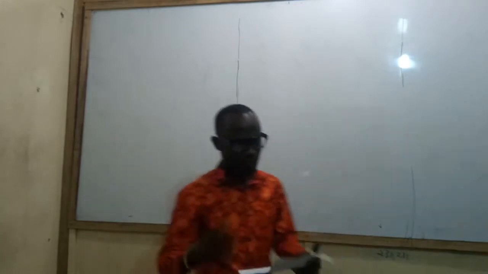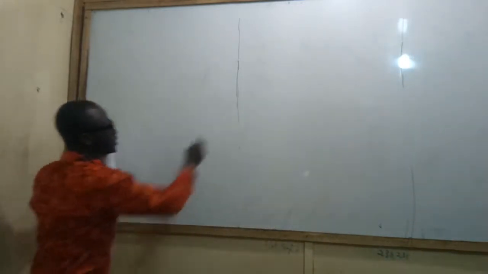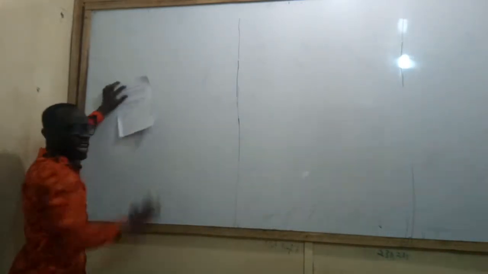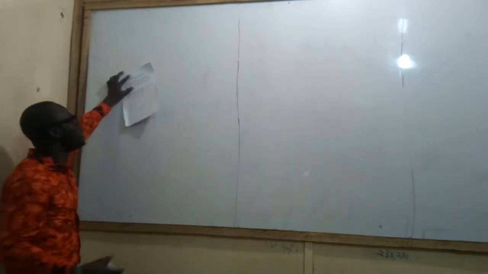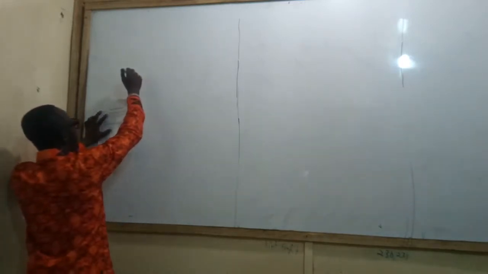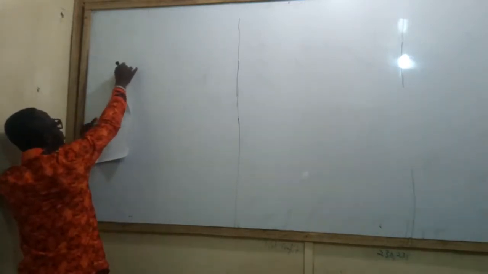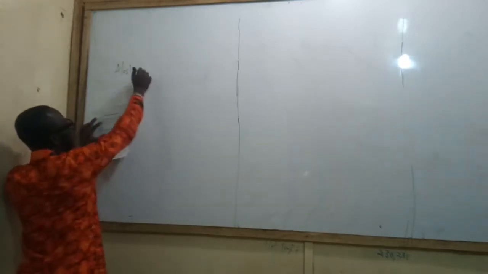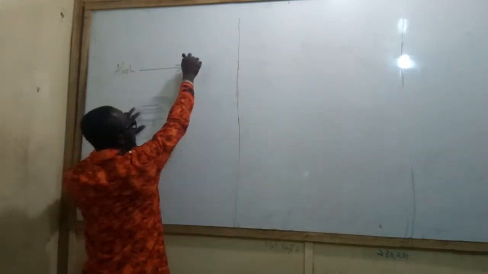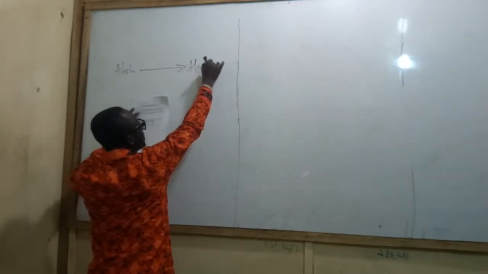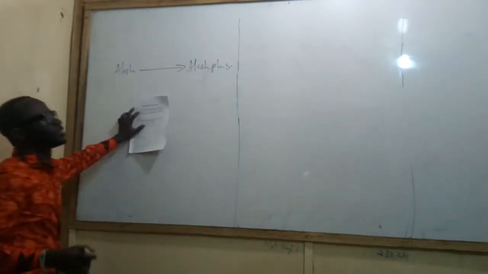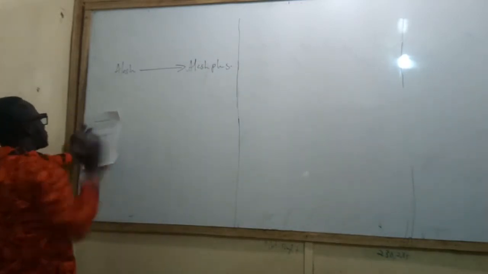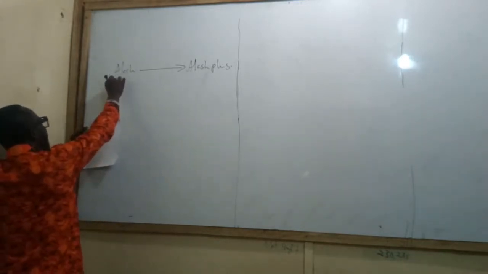Okay, so let's go. Now, what do we do? All right. So the company is producing a product called Alas, but can further process the product into what we call Alas Plus. When the Alas is produced, we will get 100,000 units.